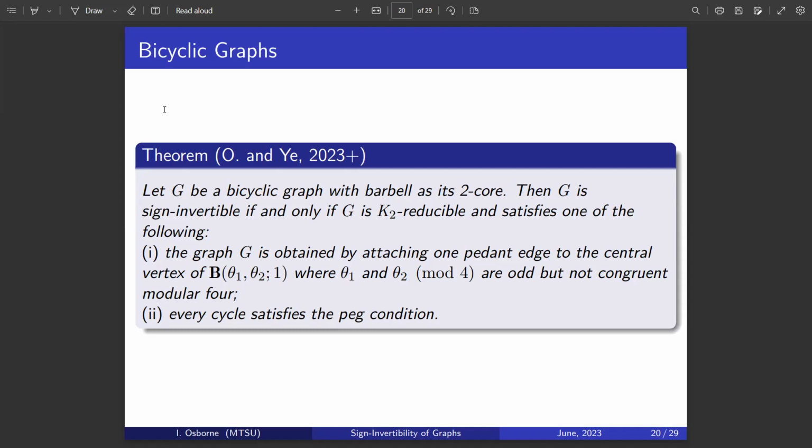And it also has to satisfy one of the following. There's one special case, a very small case of the bicyclic graphs, or there's the case where every cycle satisfies the peg condition. So going back to the unicyclic graphs, each cycle in your bicyclic graph either has 3 or more pegs, or if it has 2 pegs, then it follows those special criteria from earlier.